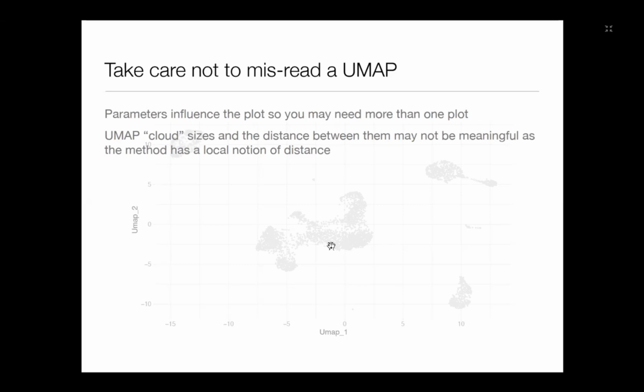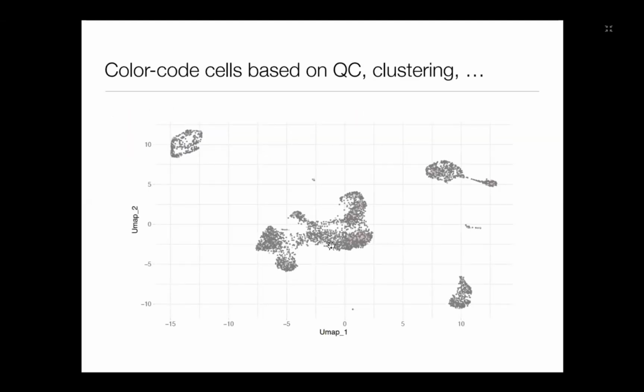The parameters influence the plot, so you may need more than one. And the UMAP cloud sizes and the distances between them may not be as meaningful as you think, because the method has a local notion of distance. So that means, going back to this UMAP, the cloud on the top left is not necessarily more similar to the cells in the middle than to the cells in the bottom right. This is not what you can say from this UMAP.